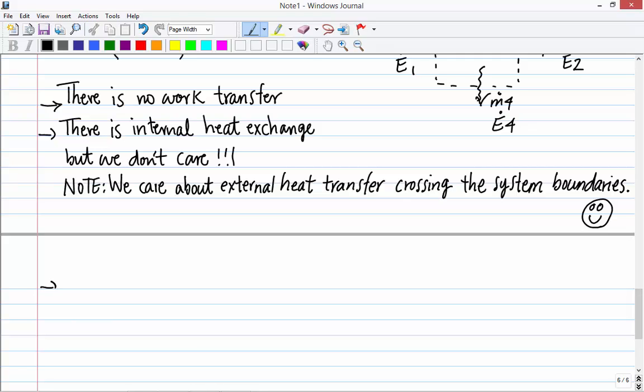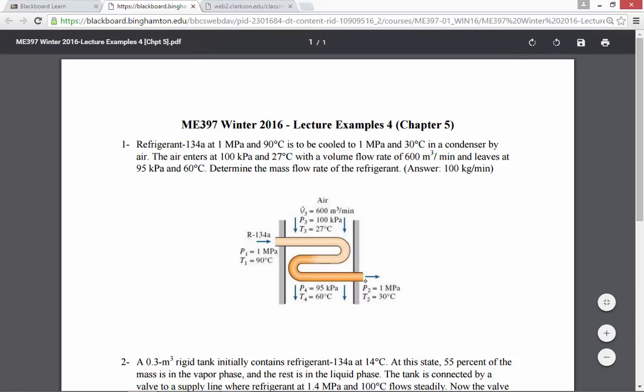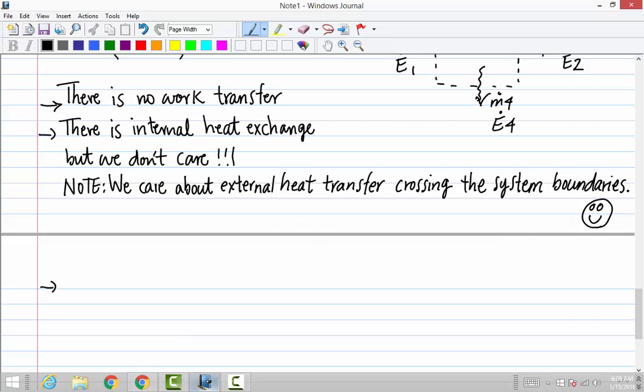And also kinetic and potential energies are negligible because there's no height difference like this much, or even that might be a top view, so everything's flat. And nothing is mentioned about the velocity, so forget it.